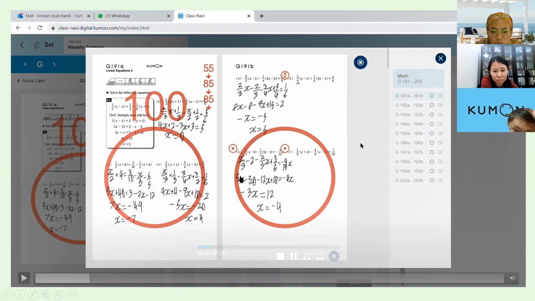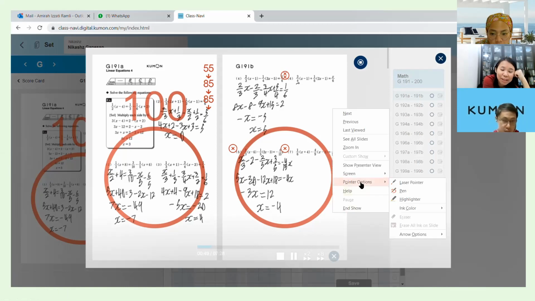How did he attempt this one? Comparing to the example, what did he do differently here? Okay, he expanded first. Yes, correct.